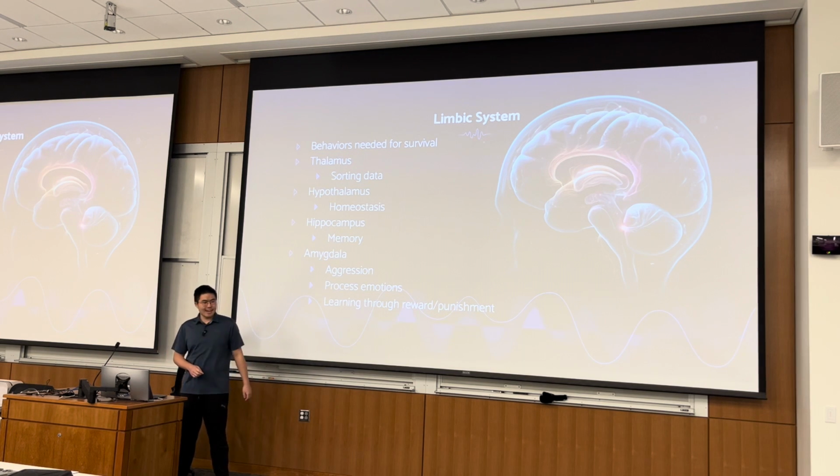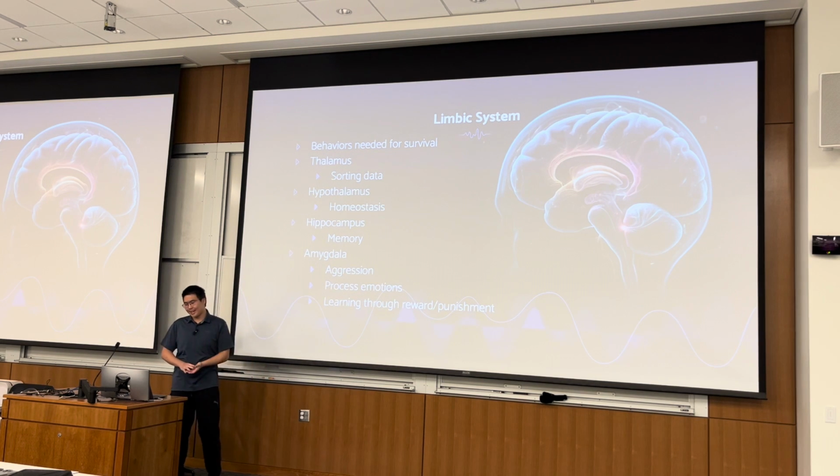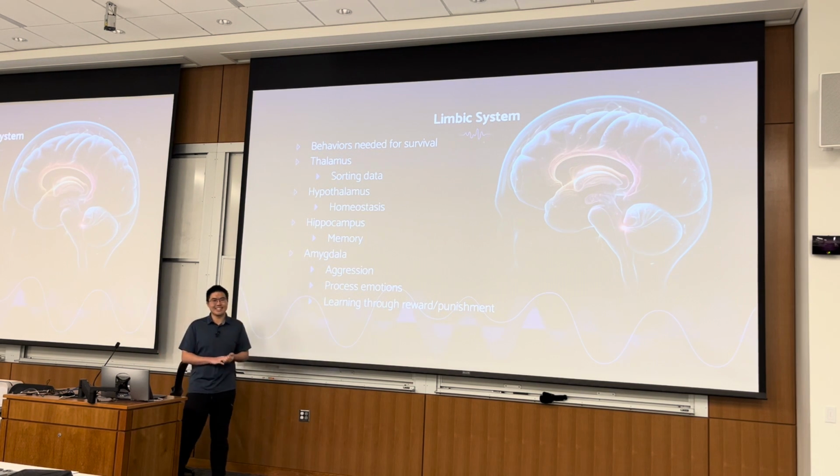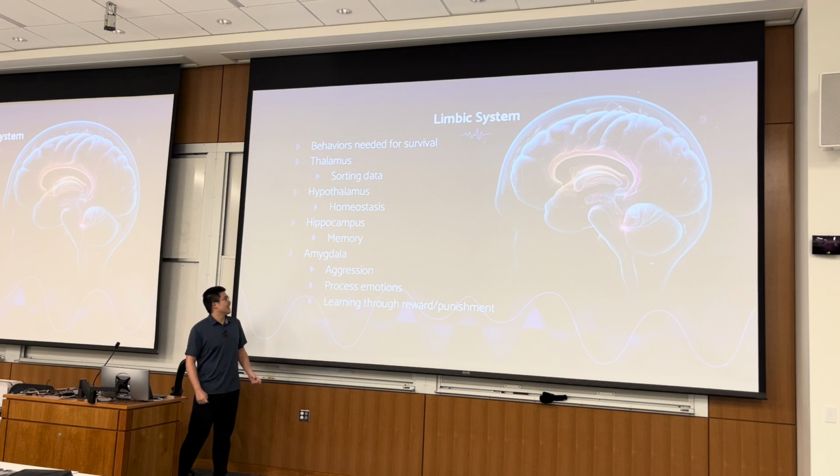We also have the hippocampus for storing memory, and finally we have the amygdala, which is also called the lizard brain. It triggers your fight or flight response. It does things like aggression. It processes your emotions. It also learns through reward and punishment. And this is a pretty old piece of brain that you have.